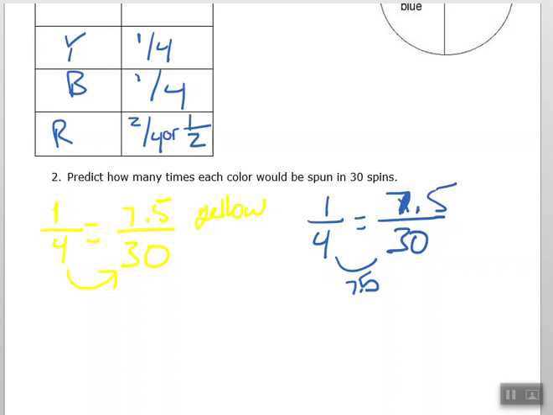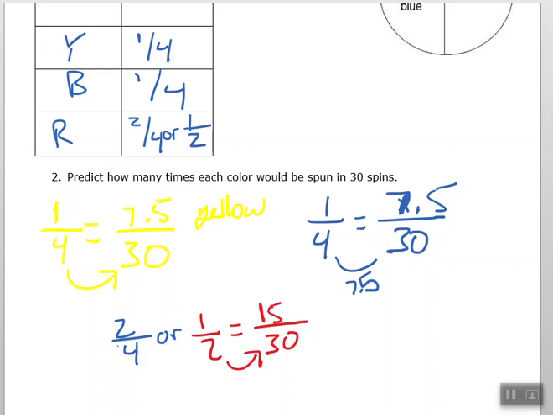All right, now with my red, it's 2/4 or 1/2. If I set that equal to x over 30, okay, 2 times 15 gives me 30. It'll give me 15.